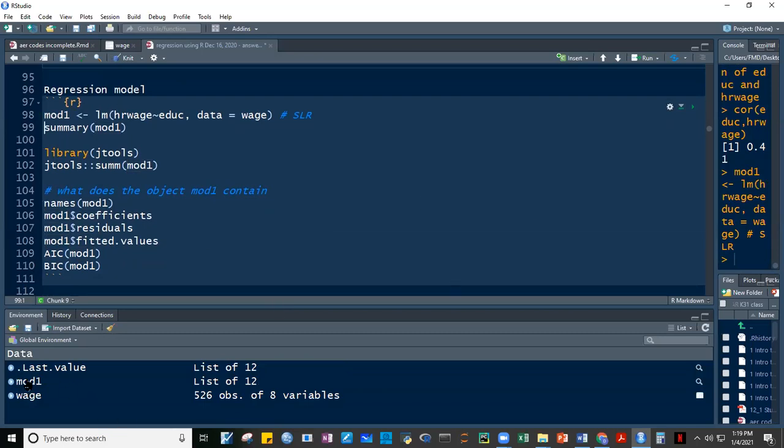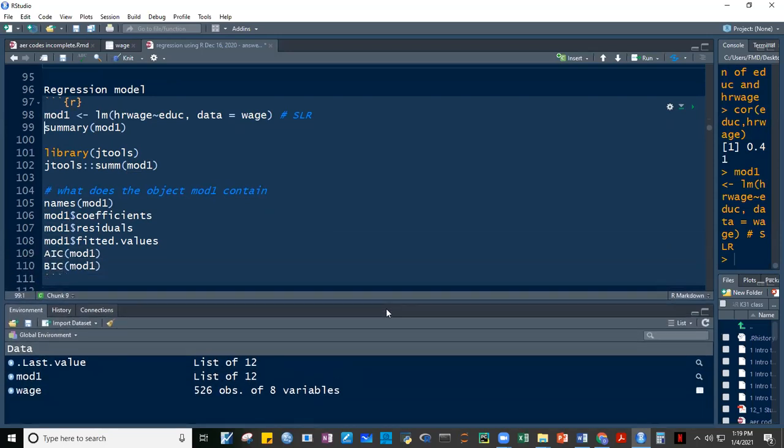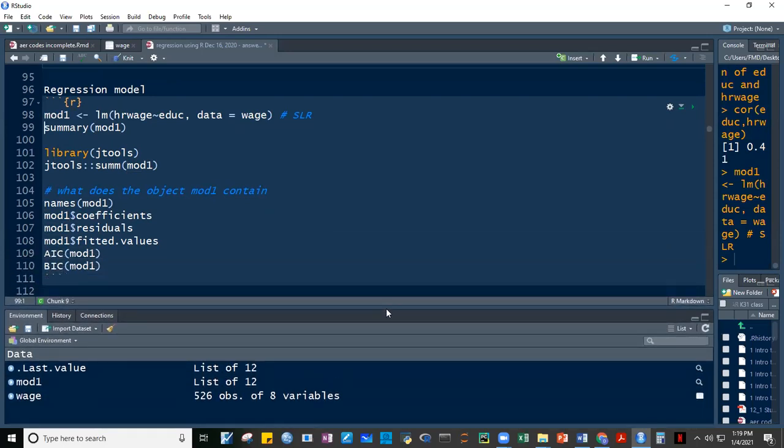Pero may lumabas na object called mod1 and it's a list. Ibig sabihin yung list na yan, di ba, naalala nyo sa R, pag list, combination yan ng different data types. Okay, merong mga data frame, okay? Merong mga matrix, depende.